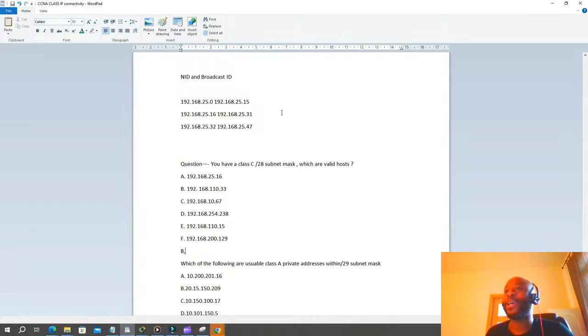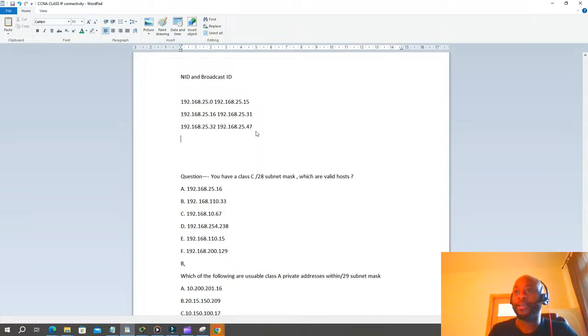Then C, 192.168.10.67. If you multiply 16 times 4, that's 64. Now there's another subnet. Sorry, I should not be using the previous one to calculate everything.